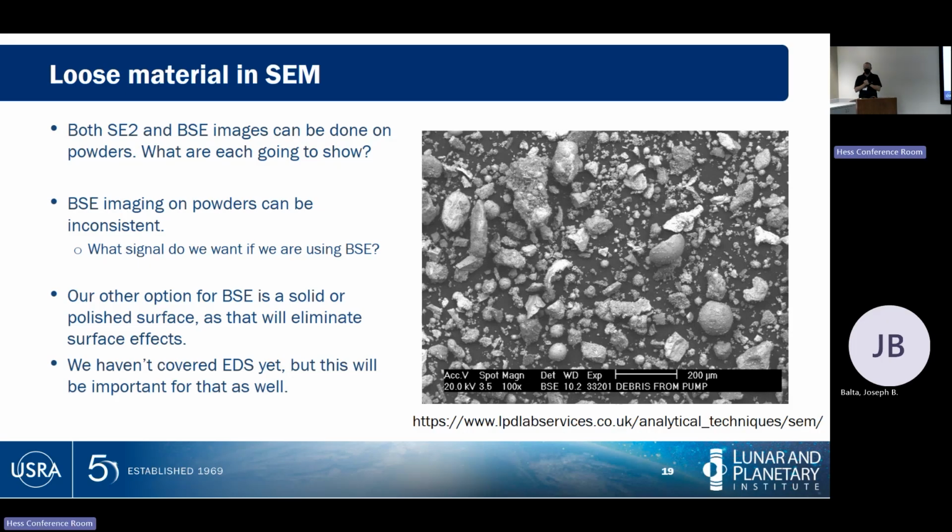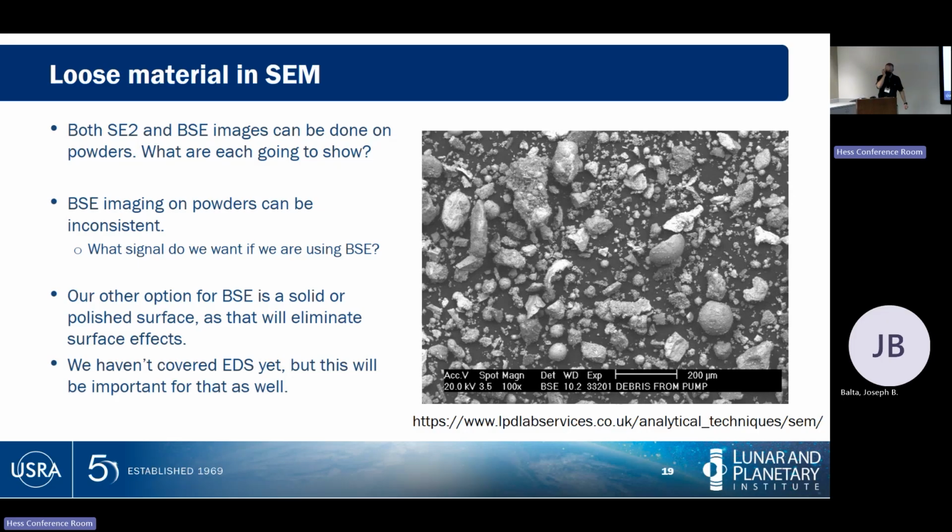It might not be perfect because if there was more than one mineral as part of whatever this sample is, I have no way of telling you right now because I cannot distinguish by looking at this whether this is the angle that we're looking at or whether there's actually a different material in there. I have two different signals put in together.